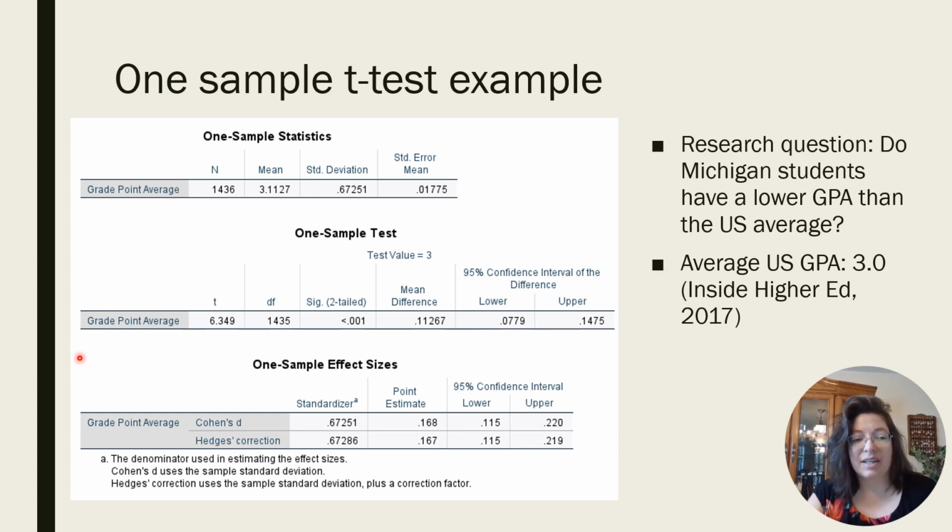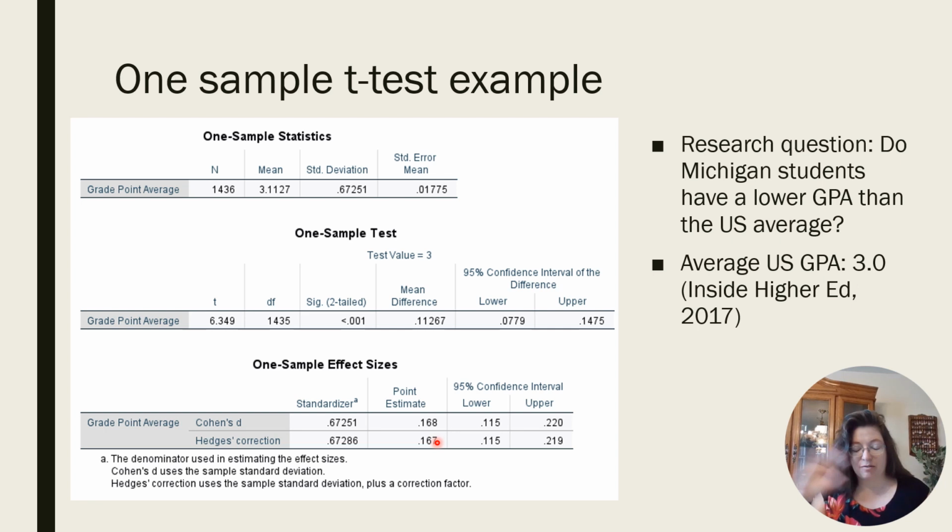The other thing we get here in this last table is the effect size. So the one that we're going to use and report is Cohen's d, right? We've heard that one before. So how large is this effect that we found that we're reporting? Now you want to look at the second column of numbers, not the first one, the second one where it says point estimate. This is your actual effect size, and it's 0.168.